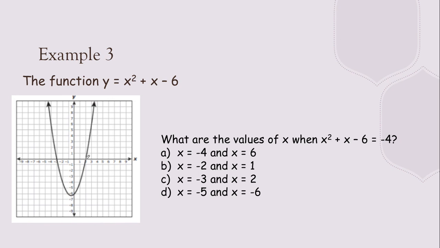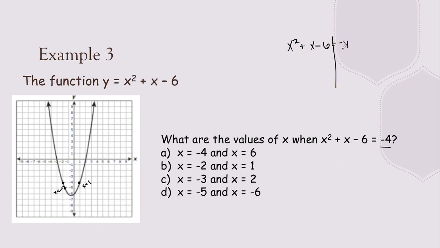Most people look at the graph and see, oh, 2, negative 3, there's my answer. But this says equals negative 4. That means it wants to know when the equation has a y value of negative 4. So you could look when y is negative 4, and that is at x equals 1 and x equals negative 2. Or you can do what we've been doing.